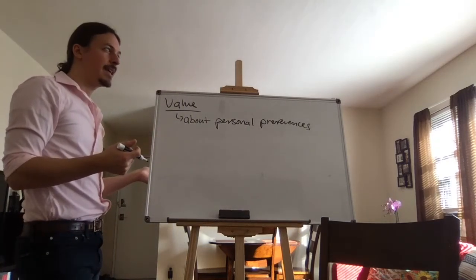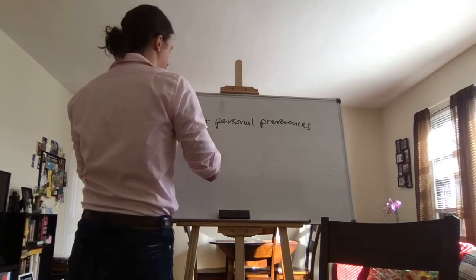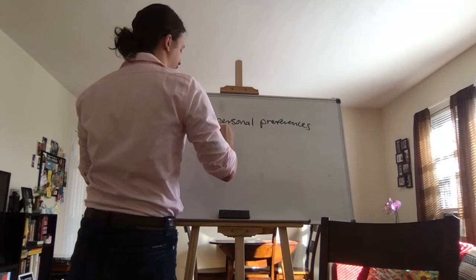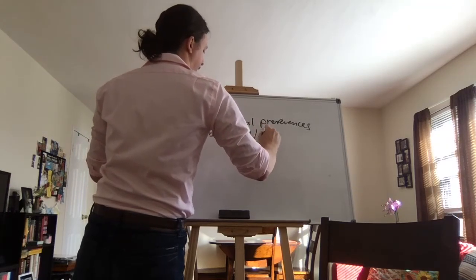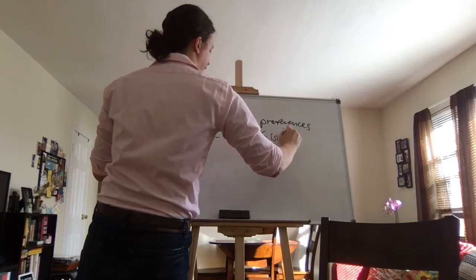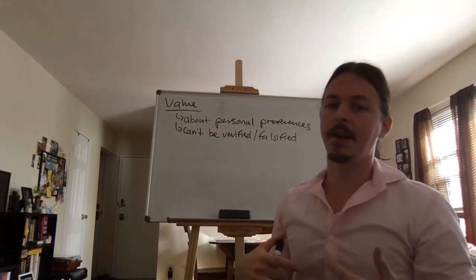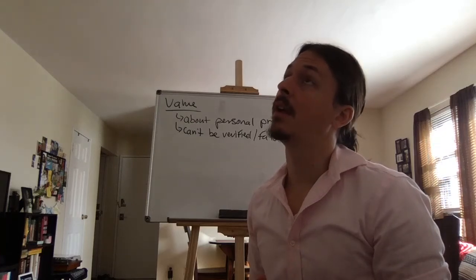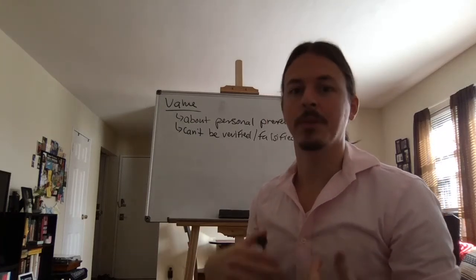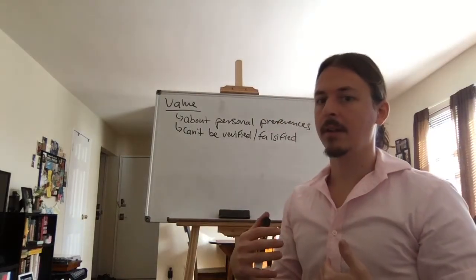Well, they can't be verified or falsified. Why not? Well, because to be verified or falsified means to be confirmed as being actual or not. Means to be true or not.